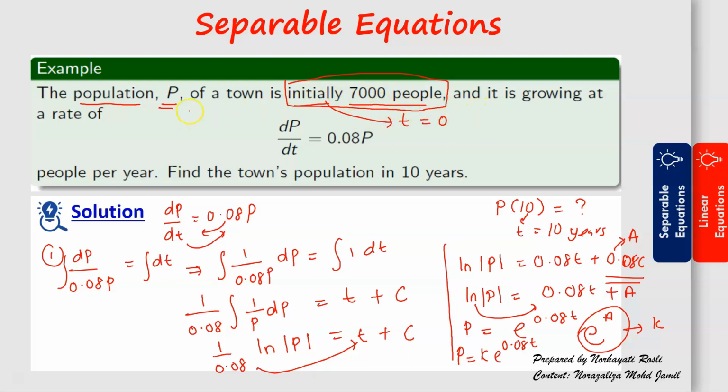So the population initially is 7,000. I can transform this into mathematical terms: the population at time 0 is equal to 7,000. You can use this information to get the particular solution of this problem.